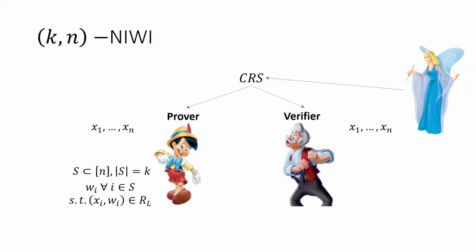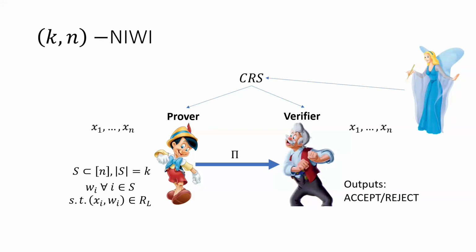They both get as input n instances, which may or may not be in an NP language. Then the prover gets as additional input K witnesses that certify that K different instance and witness pairs are in the NP relation. The prover will just send one message to the verifier, which is a proof, and the verifier will either accept or reject.